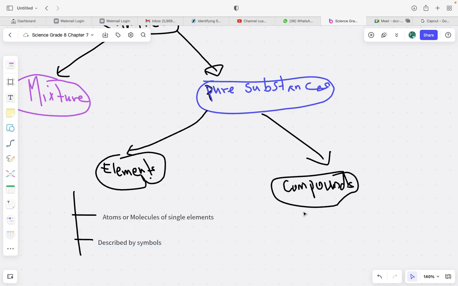Then, for compounds, they contain chemically bonded atoms of two or more elements.